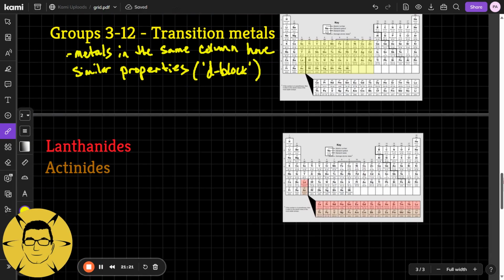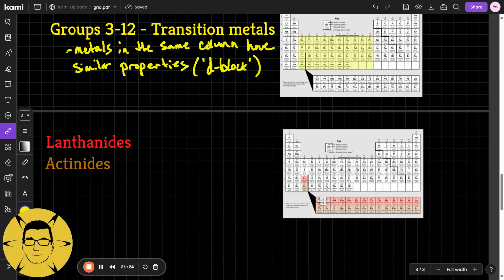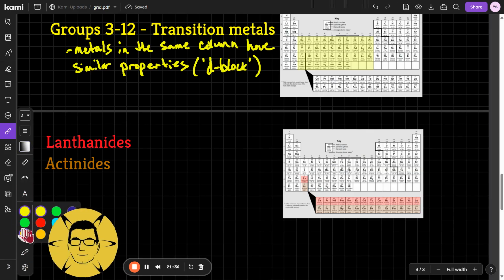Okay, in the last two groups, we have the top row of the bottom block, the F block. All right, so we're going to call these the F block. All right, the top row, they're called the lanthanides because this one kind of separated, that's called lanthanum.